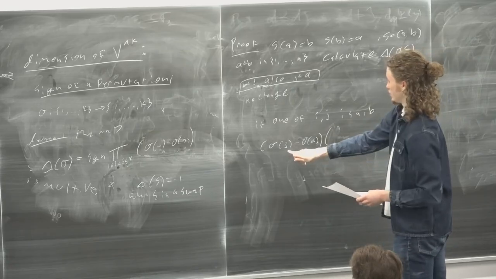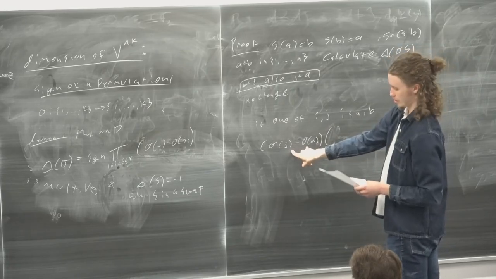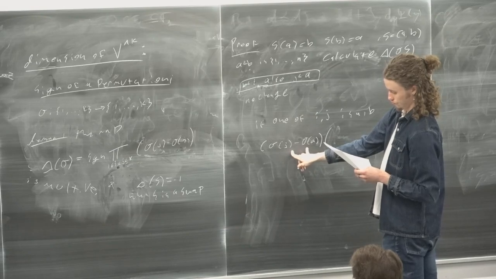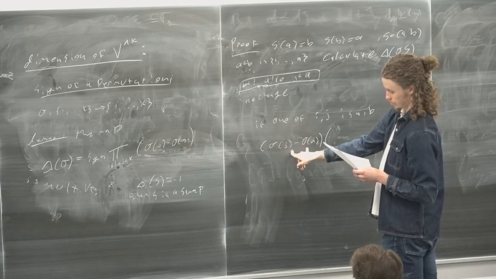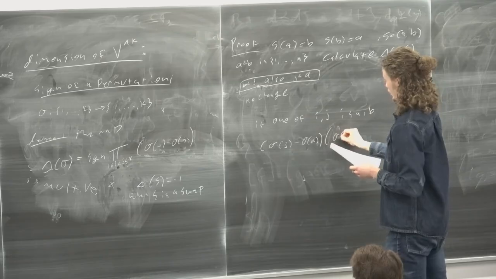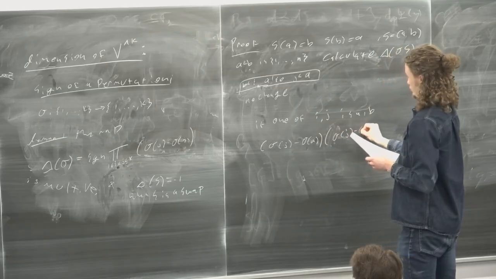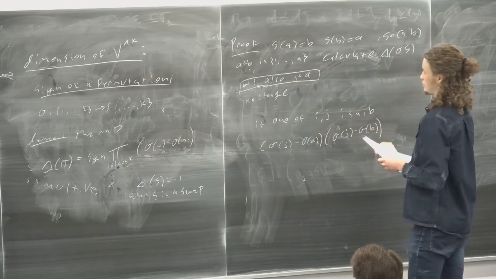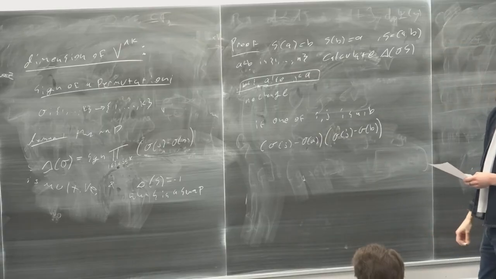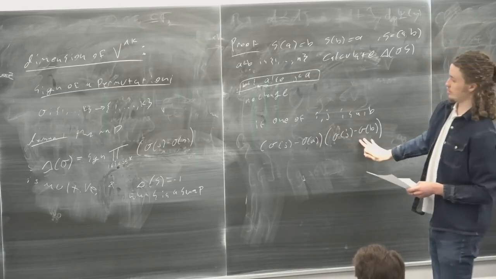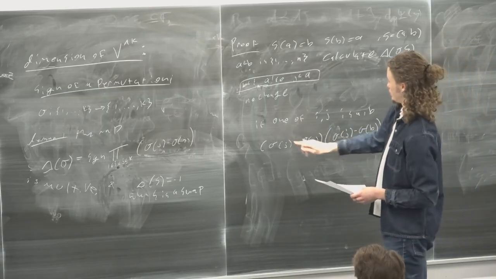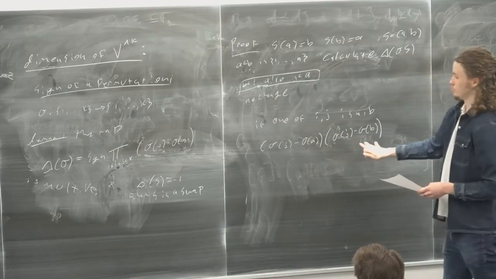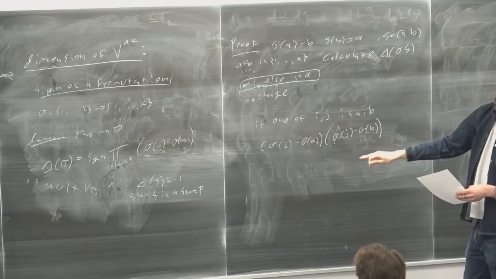So I have this one, and on the other hand, I have sigma of J minus sigma of B, right? So both of these terms live in the product. And as long as I only have one of these two things equal, both of these will exist somewhere within the product.